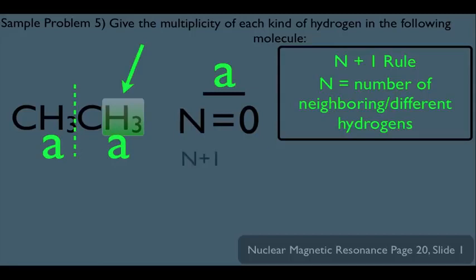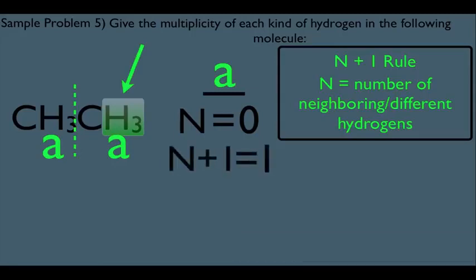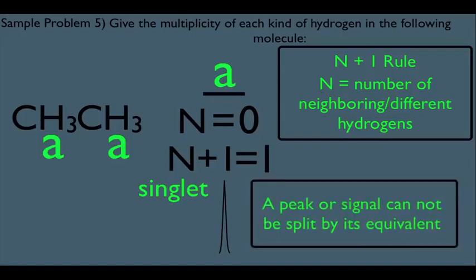And plugging into the formula N plus 1, we end up getting a value of 1, which means we should expect to see a singlet for these A hydrogens. Here's another way to think about this point. Always remember that a peak or a signal cannot be split by its equivalent. Meaning in this case, A hydrogens are not going to split other A hydrogens.